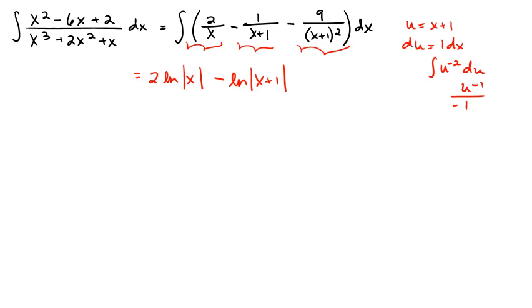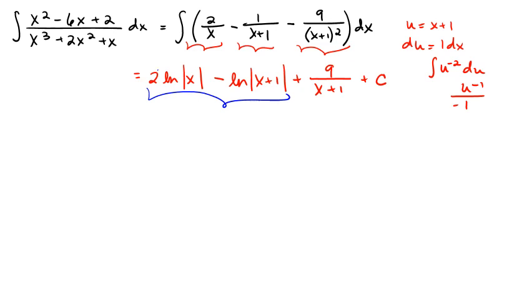So when all is said and done, after integrating this, you should end up with plus 9, because you'll have a double negative, plus 9 over x plus 1 plus that constant of integration. If you want, you can go ahead and combine these using the properties of logarithms.